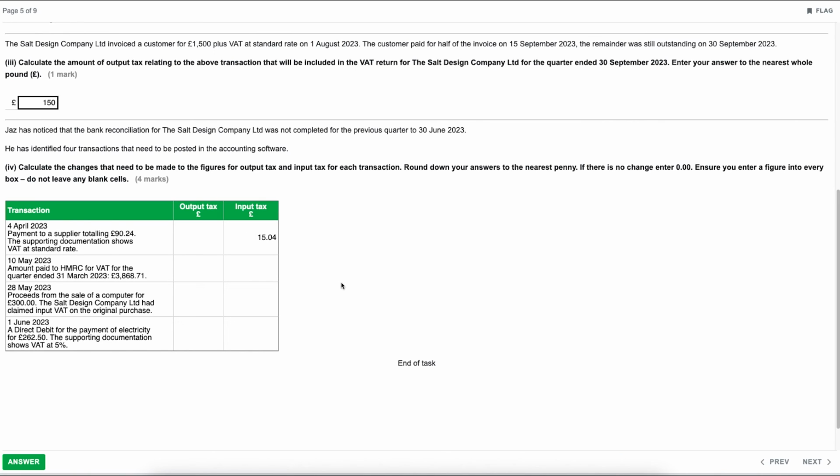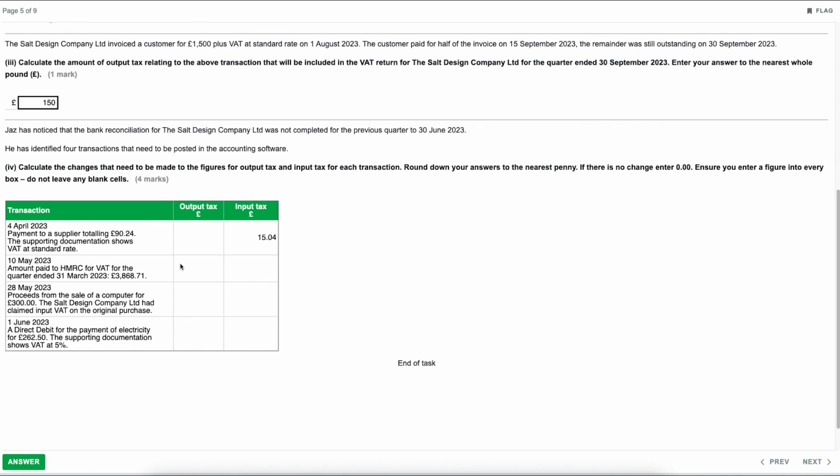The next one, on the 10th of May 2023, amount paid to HMRC for VAT for the quarter ended the 31st of March 2023 of £3,868.71. So this is simply the amount of VAT that was owed, that was paid throughout the quarter, and therefore it wouldn't affect your output tax or your input tax.